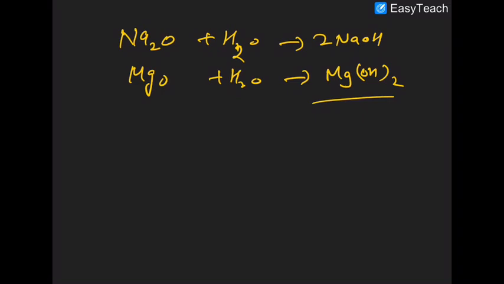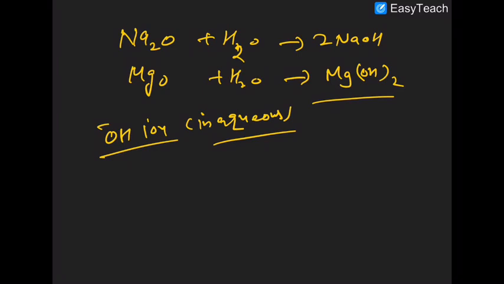So a substance which produces hydroxyl ion in water, in aqueous medium, is called a base, and the substance which produces H plus ion in aqueous medium is called an acid.